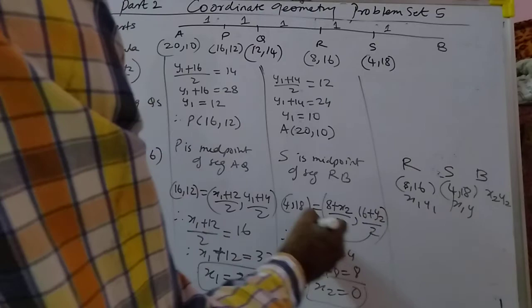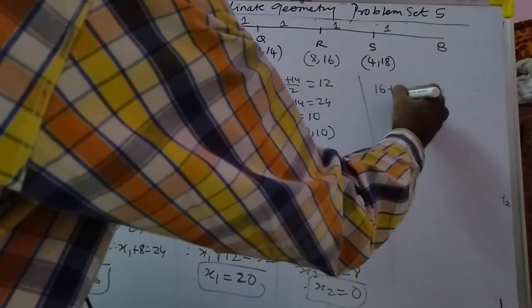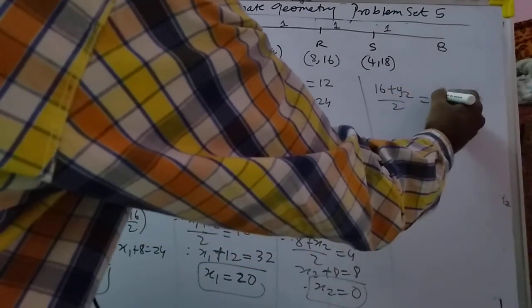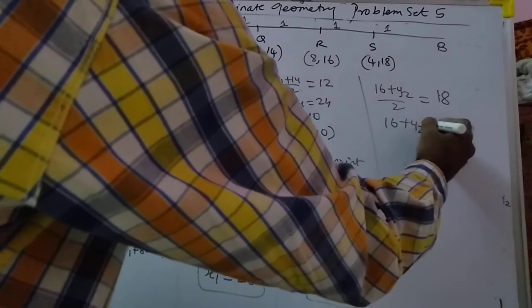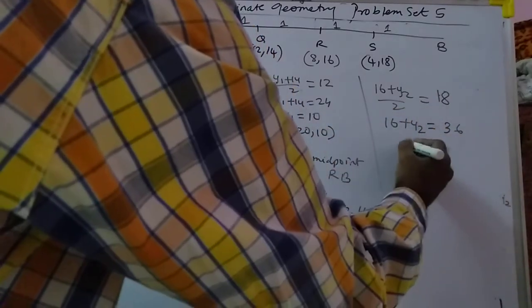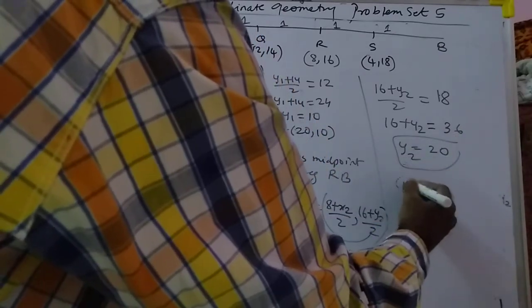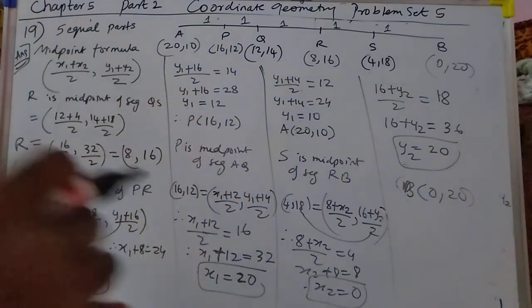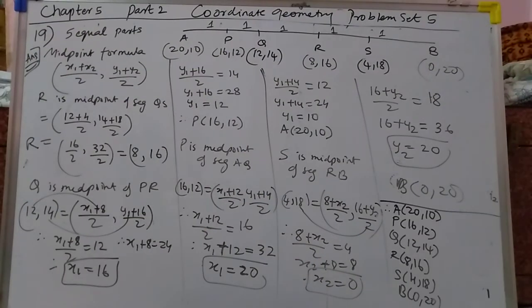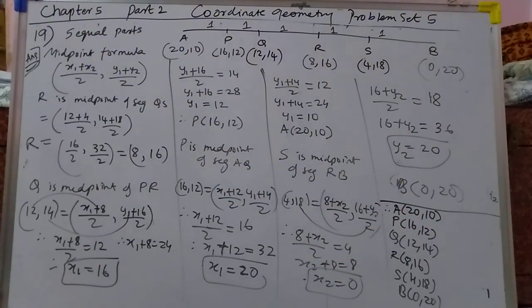Now compare this with this. So 16 plus y2 upon 2 is equal to 18. So 16 plus y2 is equal to 36. So y2 is equal to 20. So we got B is equal to 0 and 20. Okay, finally write this. So now let's do 20 problem.